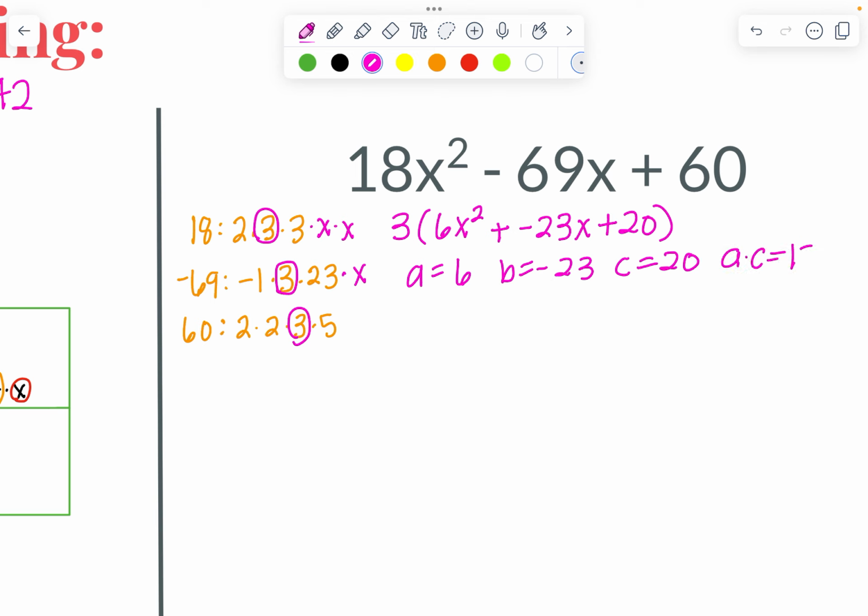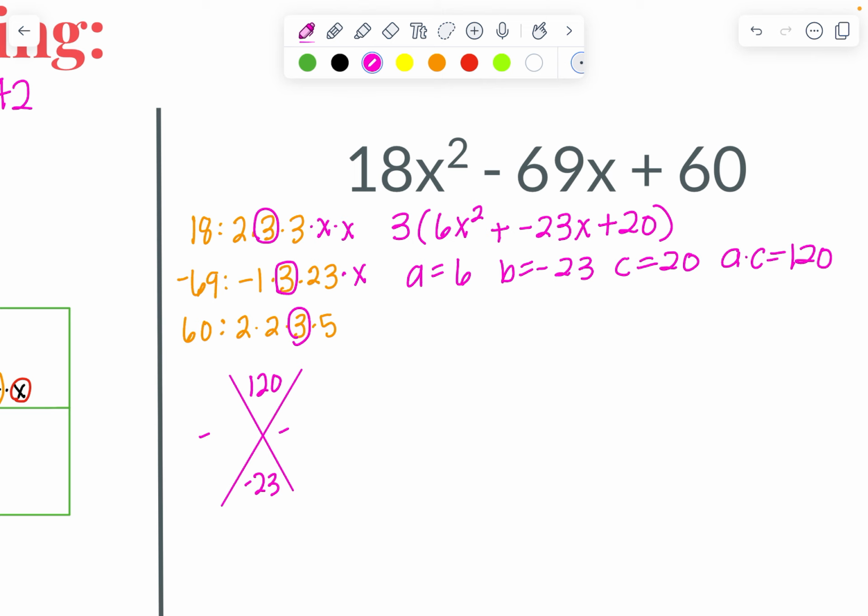So a times c is 120. So now I'm looking for two numbers that are going to multiply to give me 120 and add to give me negative 23, which means I have two negative numbers here.